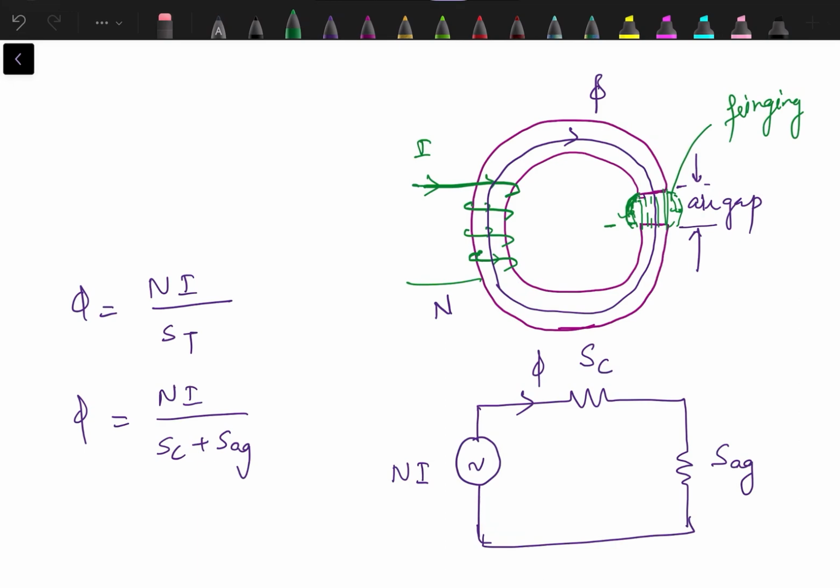Also, we are assuming that the whole of the flux is flowing through this magnetic path. It is following this confined path only, but there is a possibility that some of the flux is leaking, which is known as leakage flux.